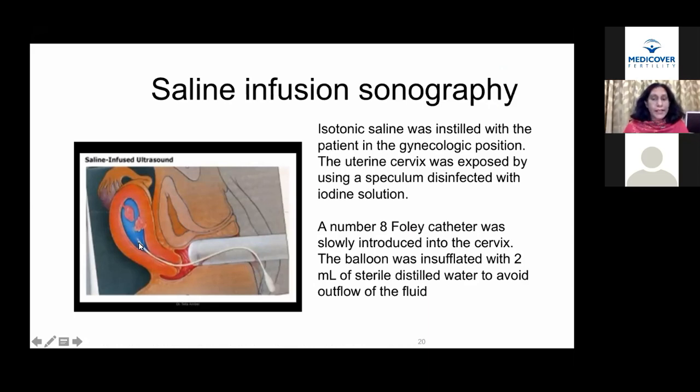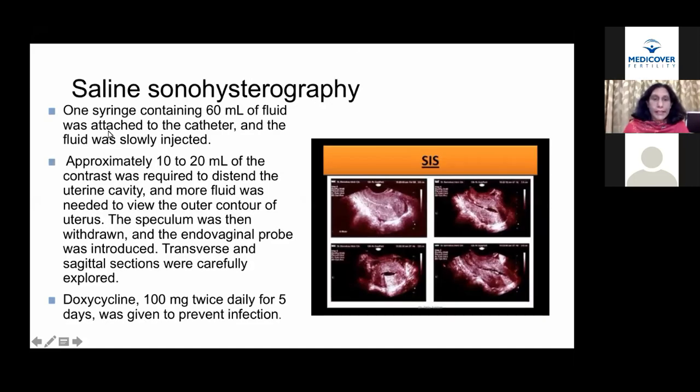The bulb is inflated with 2 ml of sterile water, and the saline is injected. After this injection of the saline, these structures have become more visible, and this is what happens in saline sonohysterography.